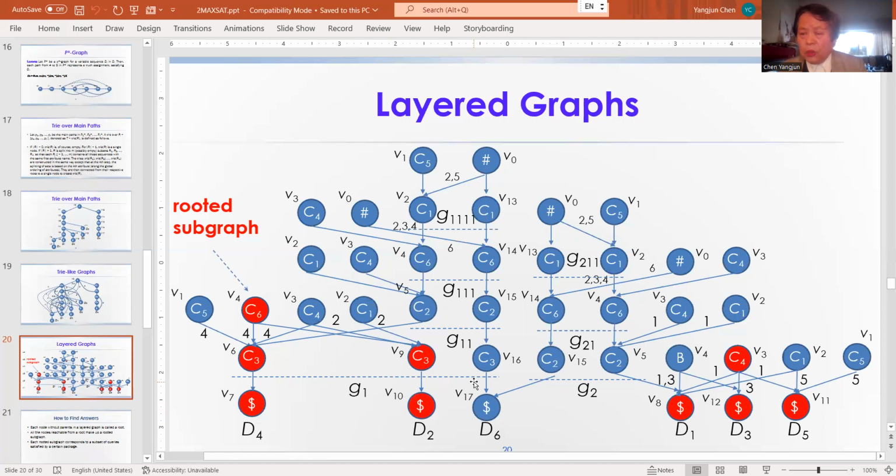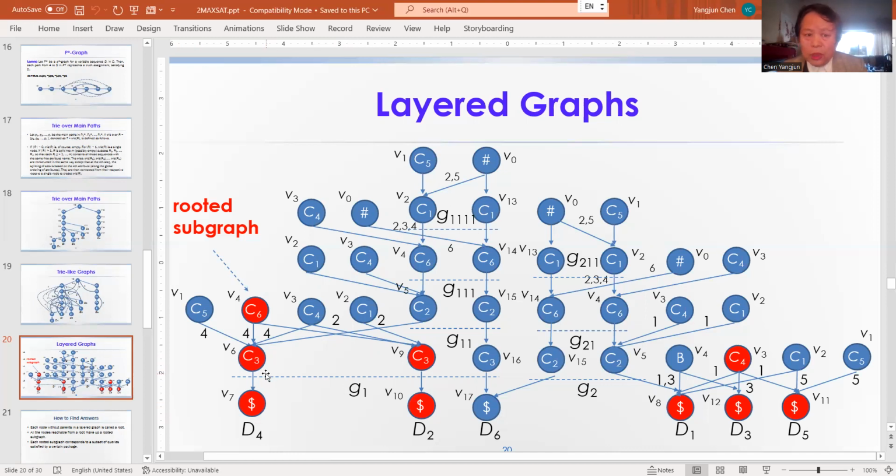At this level, we'll categorize all the nodes into different groups, such that each group contains all those nodes with the same label, or say, with the same variable names.